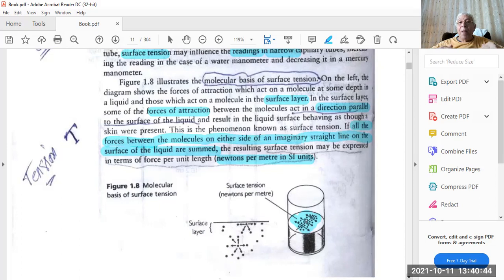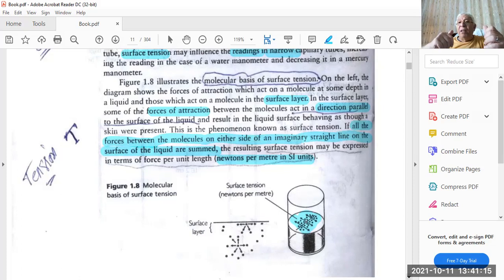So the forces on the surface of the liquid act tangentially over a cross line. These forces make a drop of water become rounded. When you throw some water on a surface, it becomes round because of the surface tension.